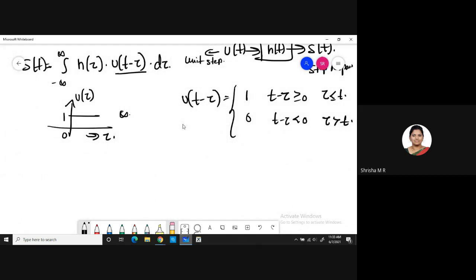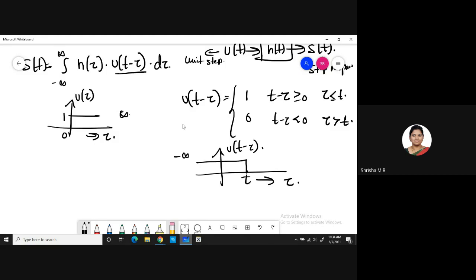It will be existing from minus infinity to t. The x-axis will be tau, so it will be existing from minus infinity to t.